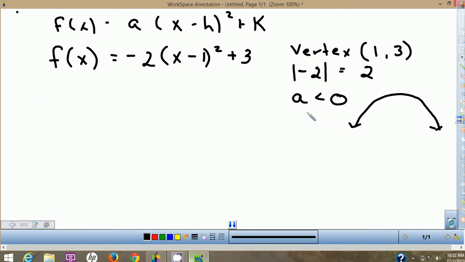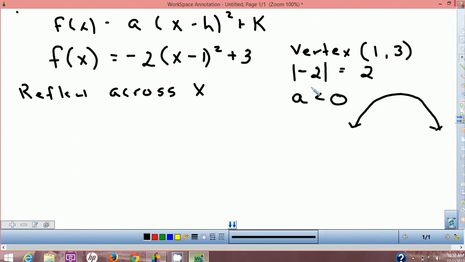Because we know that a is less than 0, we have this negative value here in terms of a. We know that this is going to reflect across the x-axis, so it is going to open down. It's going to have this general shape to it. This parabola is going to look kind of like this.